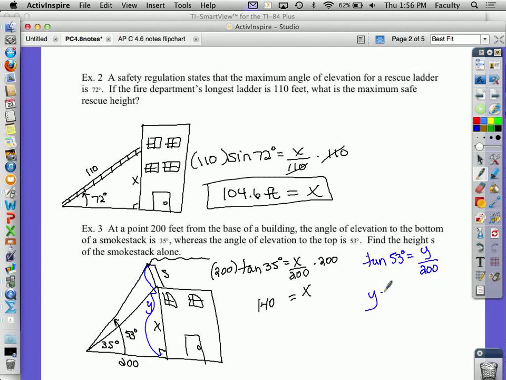Solve that for y. Are you getting around 265.4? Now the smokestack is y minus x. Okay, so do you see how we did that? Your SOHCAHTOA is only working in right triangles, not these slivers of triangles.